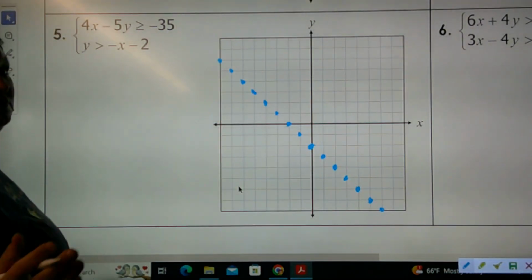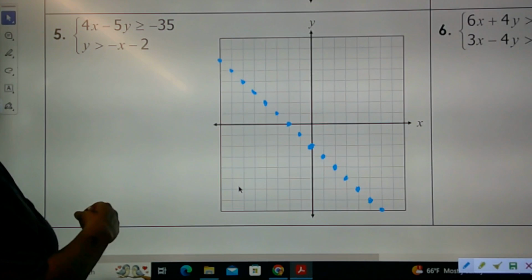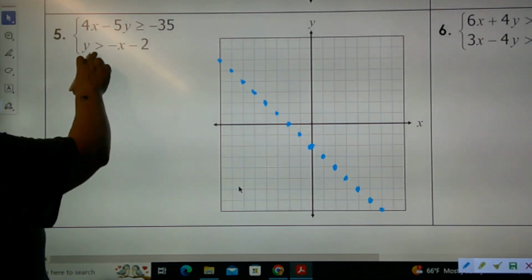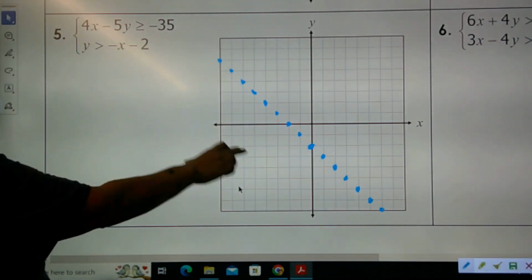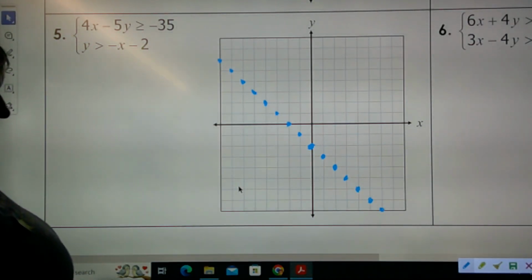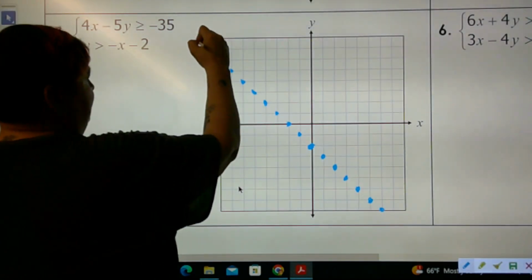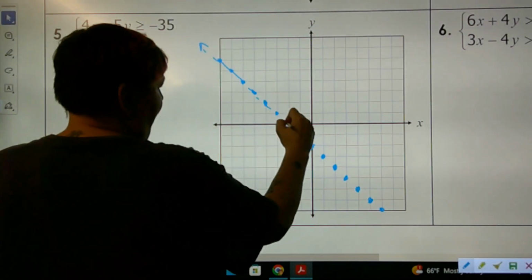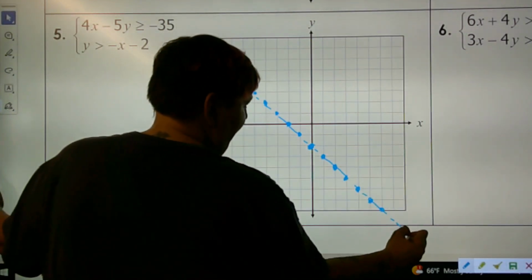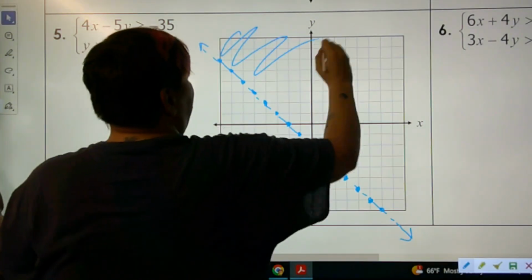I mean, literally you could, because you could just pause the video. And it's a dashed line, and it's greater than.